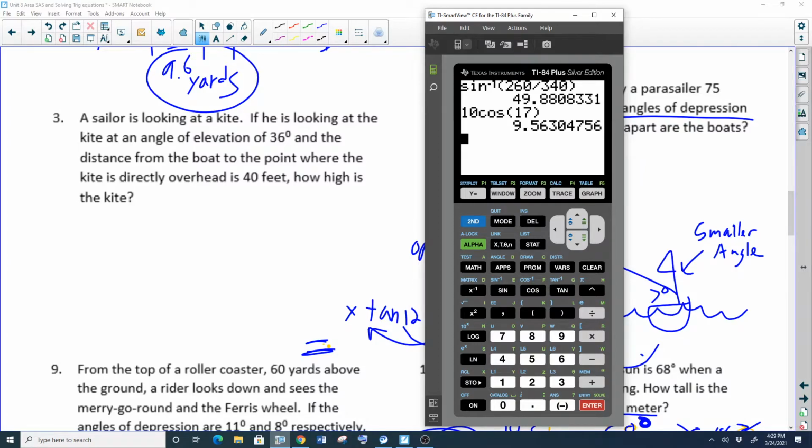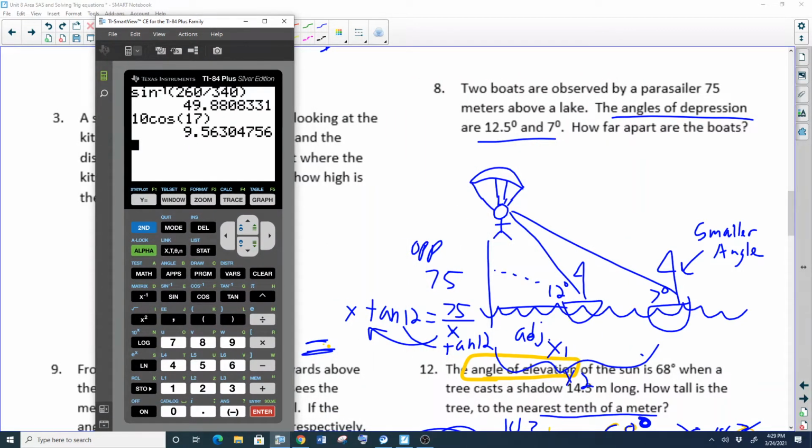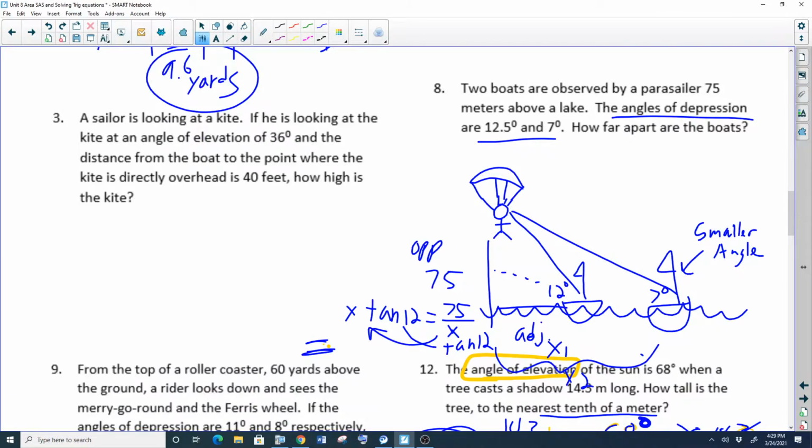So in our calculator, we do 75 divided by tangent 12. And that's going to give us a big old fat distance, which is better compared to what I had before. So 352.84, or just 352.8, rounded to the nearest tenth.